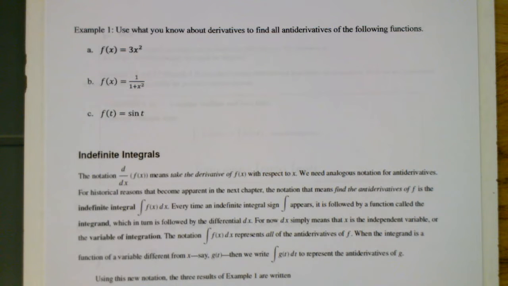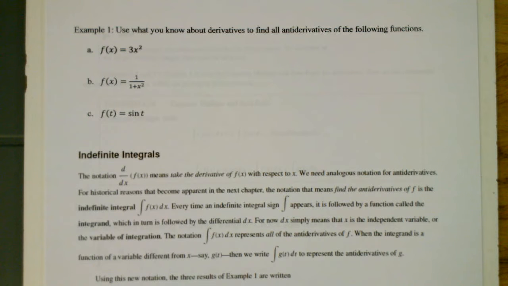Here we want to use what we already know about derivatives to find all the antiderivatives of the following functions, like f of x equal to 3x squared. Well, we have to think about this for a moment.